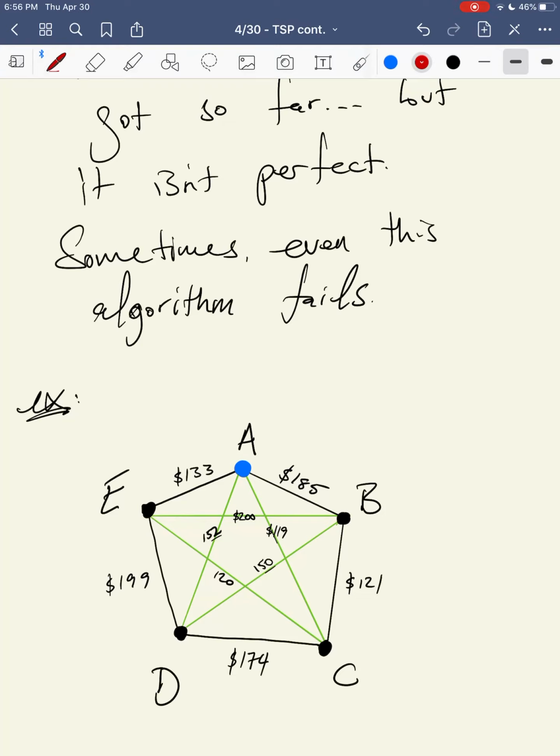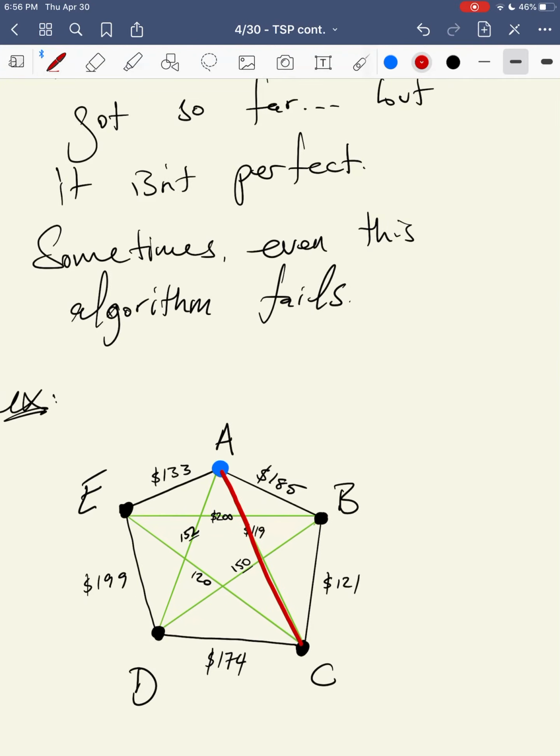So I think that the best thing to do is to go from A to C for 119. So, step 1, take A to C for 119.